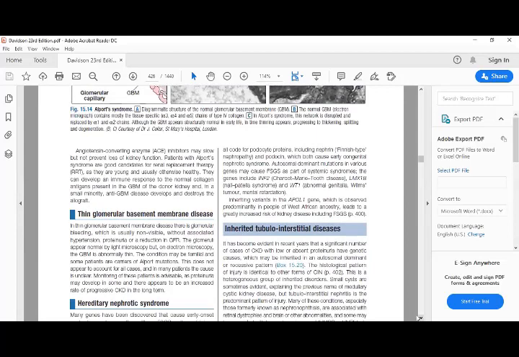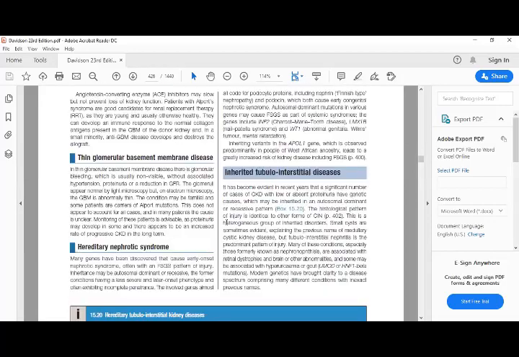Inherited tubulointerstitial diseases. It has become evident in recent years that a significant number of cases of CKD with low or absent proteinuria have genetic causes, which may be inherited in an autosomal dominant or recessive pattern.